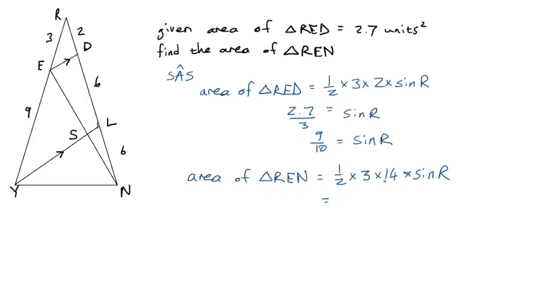Half of 14, just to do the maths with you as we go, is 7. 7 times 3 is 21. And then instead of sine r, I know what it is. It's 9 over 10. And that equals 189 over 10, which ends up being 18.9 units, and it's an area squared.